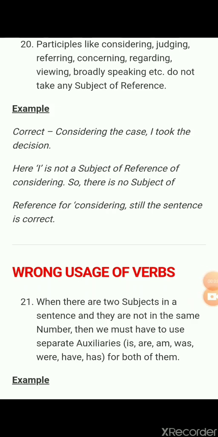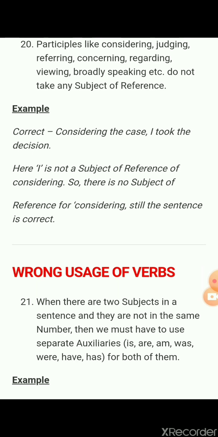Rule number 20 here. Participles like considering, judging, referring, concerning, regarding, viewing, broadly speaking, etc., that is, verbs with ing, do not take any subject of reference. When such verbs are considered as participles, they are complete verbs, but earlier the participle was incomplete.